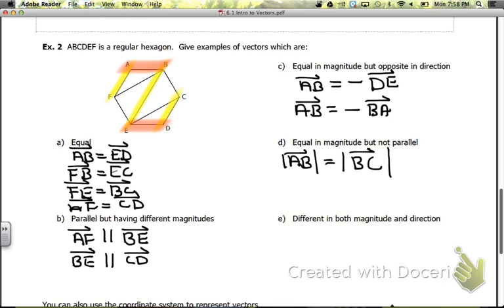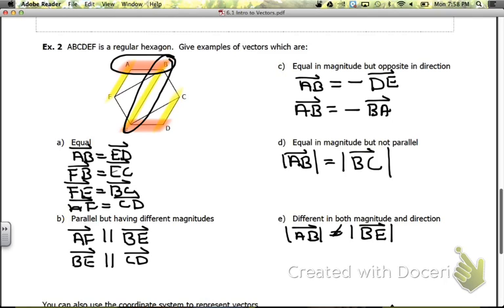Alright, so looking at that, we can say, well, AB compared to our BE. So you notice their magnitudes are different and they're in different directions. So AB is not equal to BE.